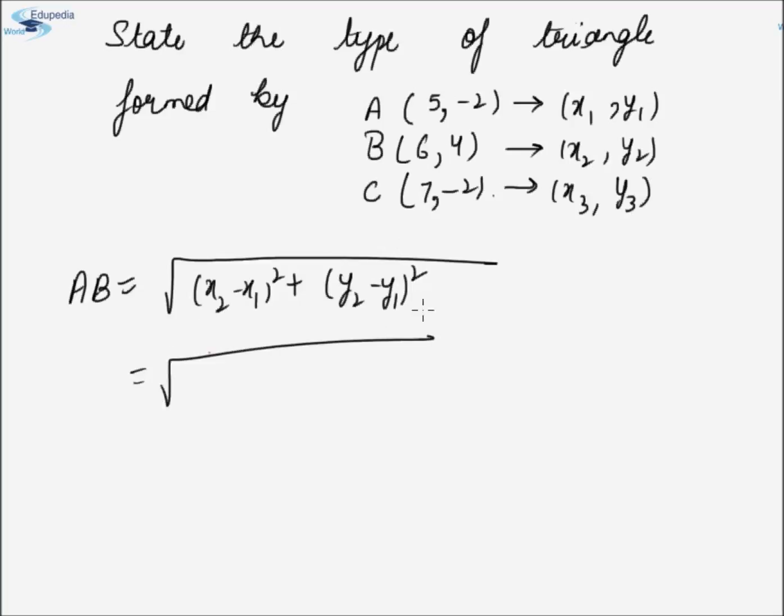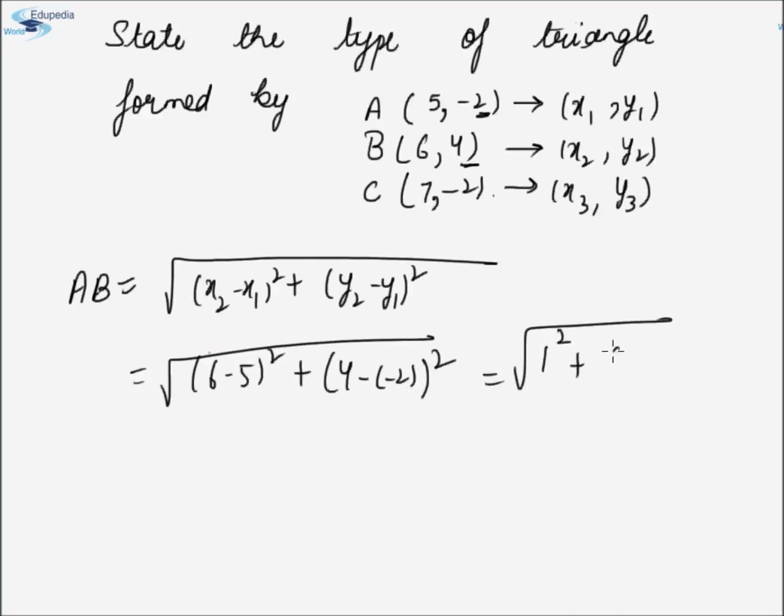So it will be 6 minus 5 whole square plus 4 minus 2 whole square, which will give us 1 square plus 6 square. So it will be 36 plus 1, that is under root 37.